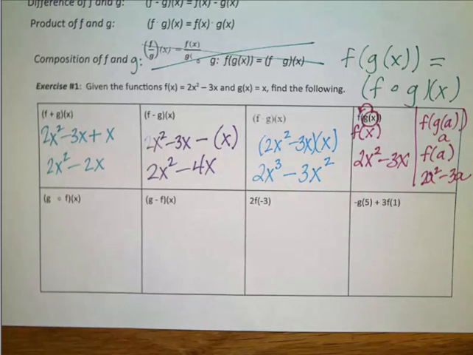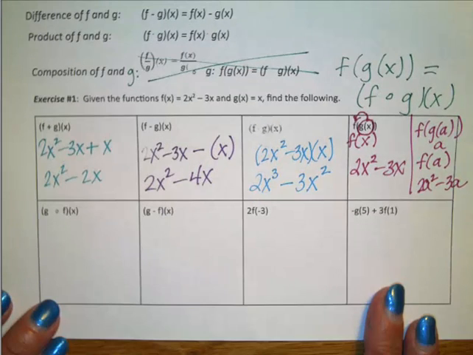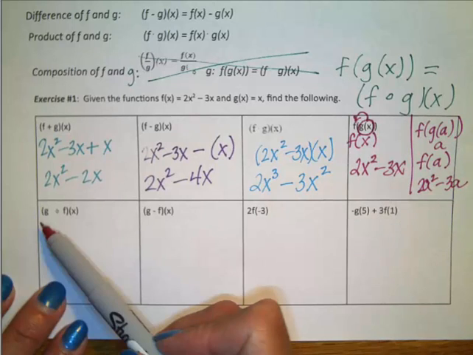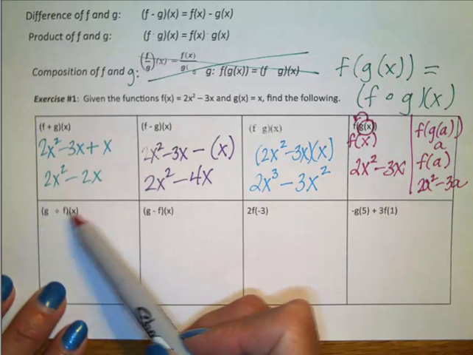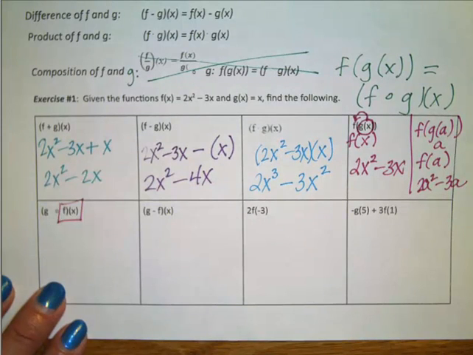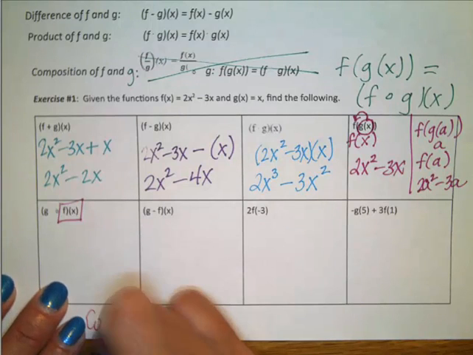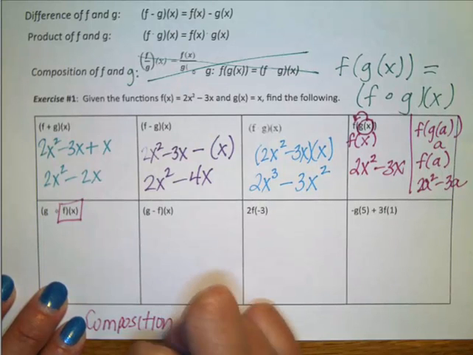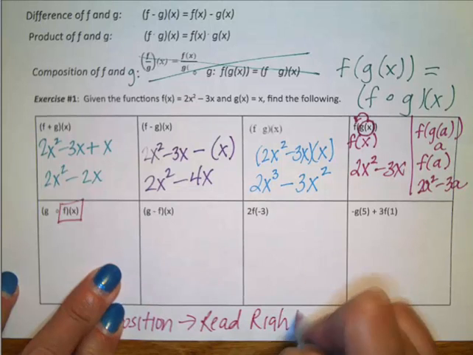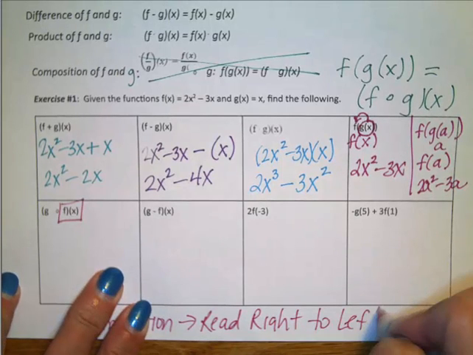All right, so now I have the open circle. The open circle is the same as the double parenthesis. This time they're telling me, though, g of f of x. So I'm starting with f of x. So I start with the right when I do a composition, and I move left. Okay? So composition, read right to left.